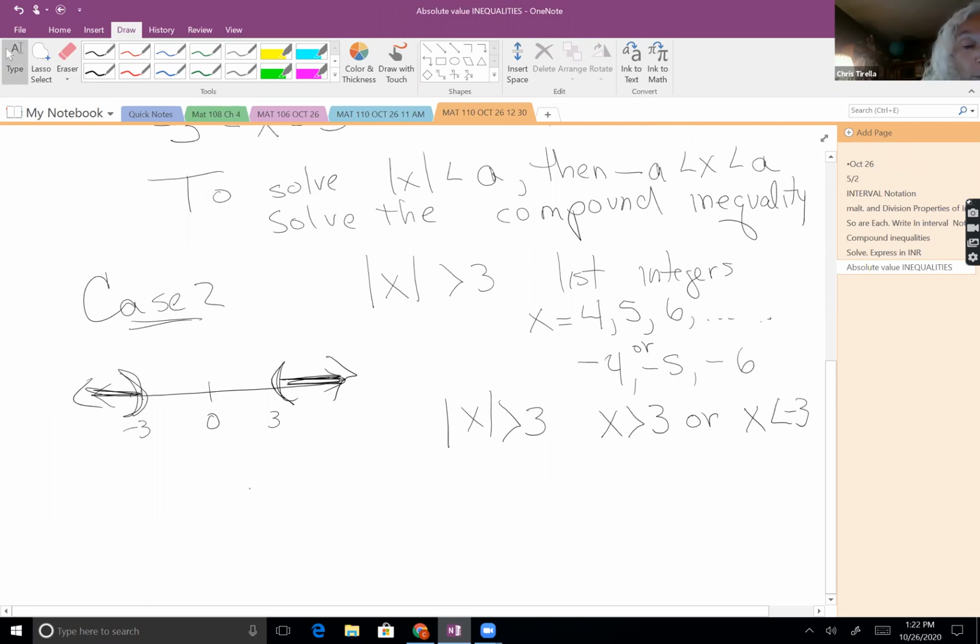So to solve that the absolute value of x is greater than a, we solve x can be greater than a, or x can be less than -a.